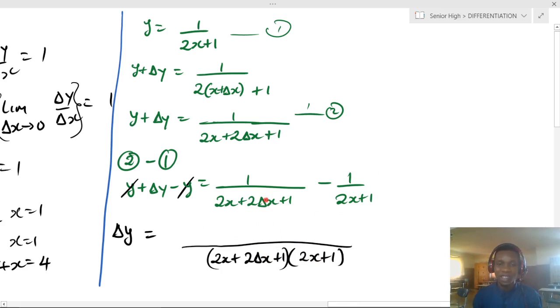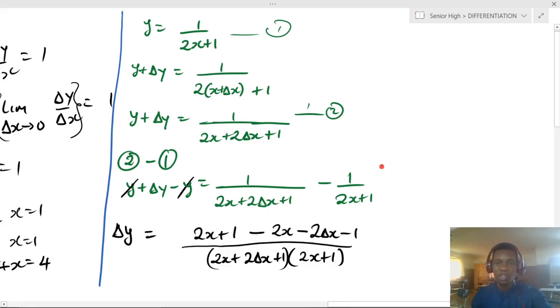Everything here dividing this will give you just this, multiply by 1 is 2x plus 1, minus everything here dividing this will give you this, multiply by 1 will give you 2x. Now, since it's minusing it out, I want to open it with the minus sign straight away. So minus 2x minus 2 delta x minus 1. I use this minus to open out the value when I multiply.